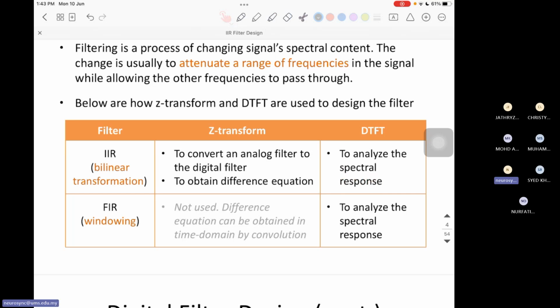Okay, now in case of FIR, we will be using the windowing technique for the design, and the difference equation is basically not used in FIR. Here we will use the DTFT to analyze the spectral response.